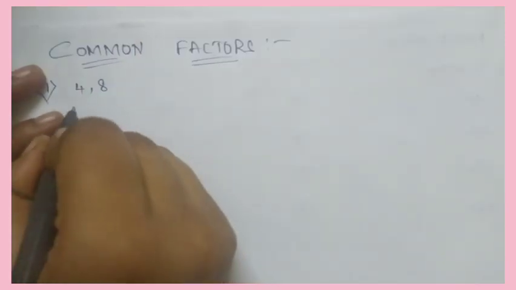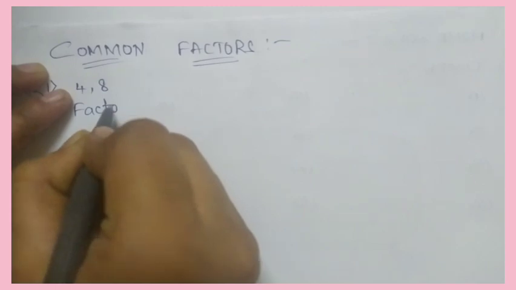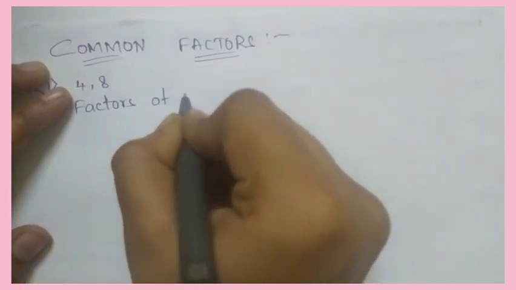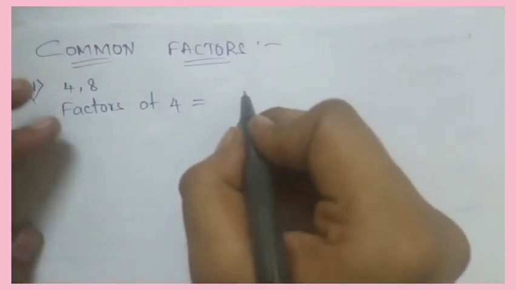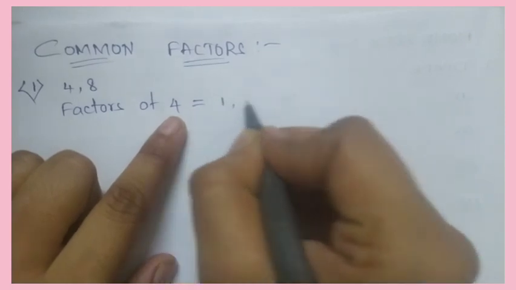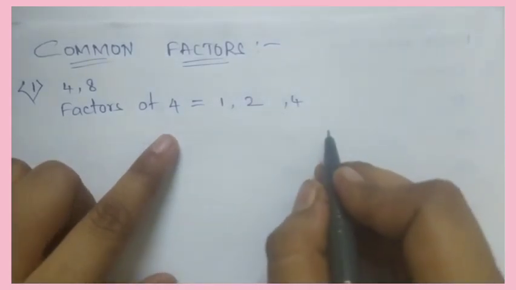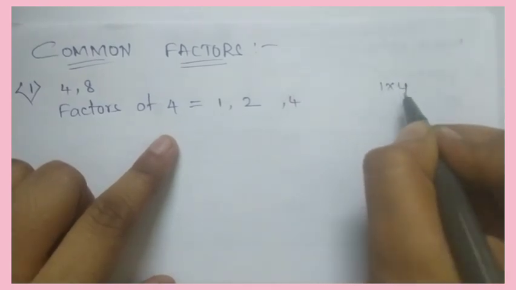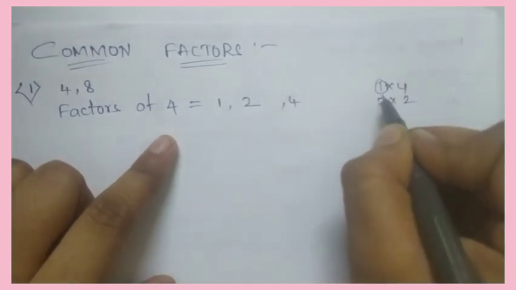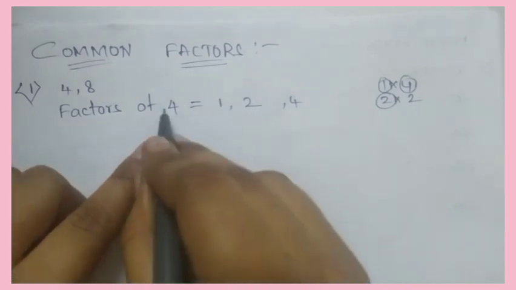Then first we will find the factors of 4. 1 four is 4. 2 twos are 4. 1, 2, 4 are the factors of 4.